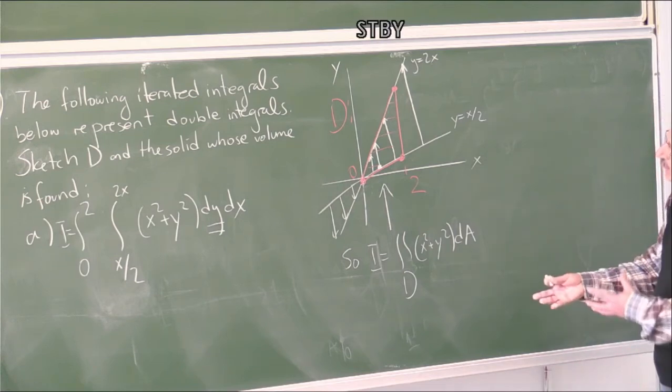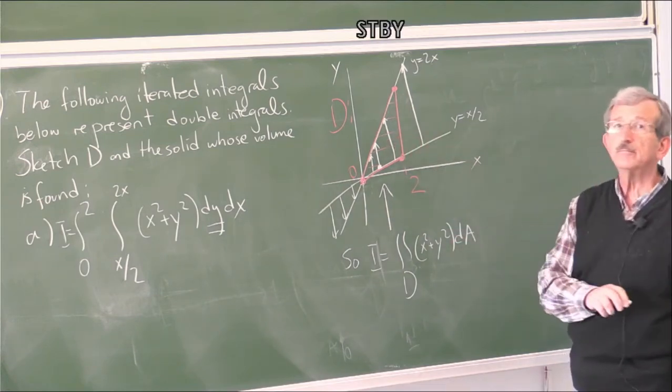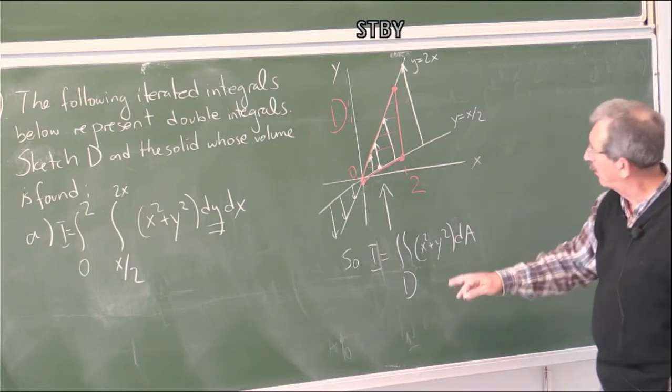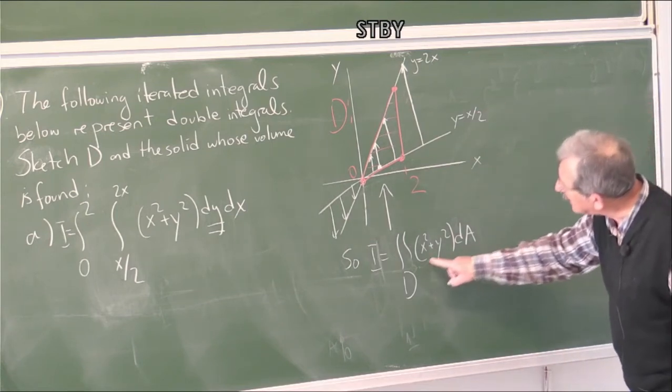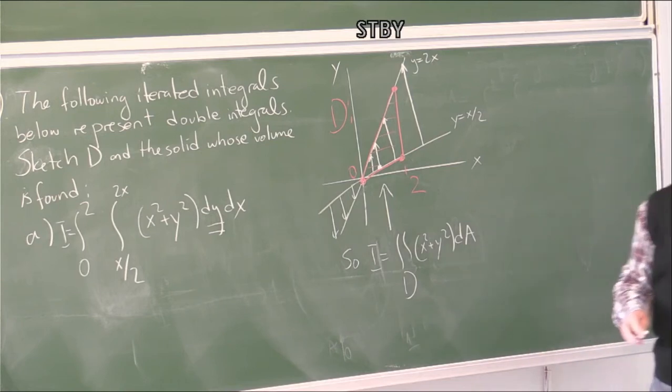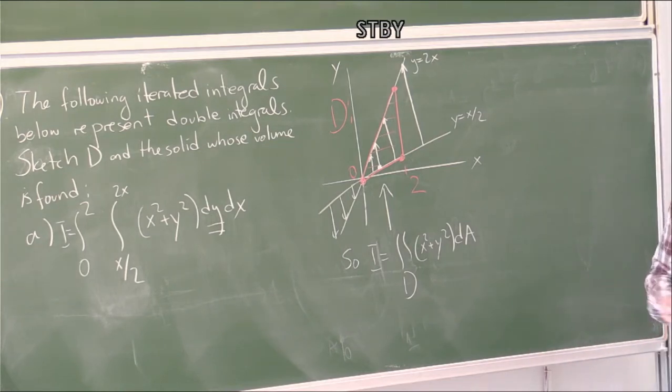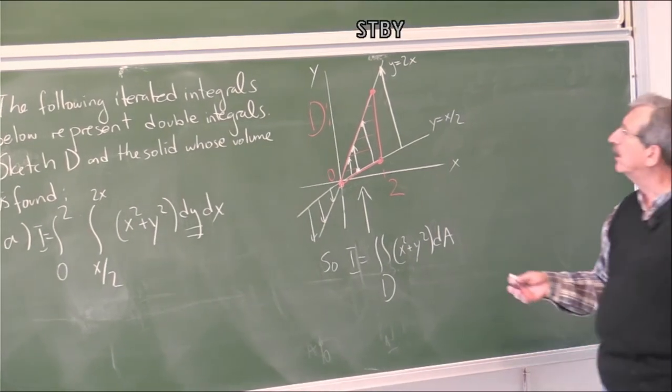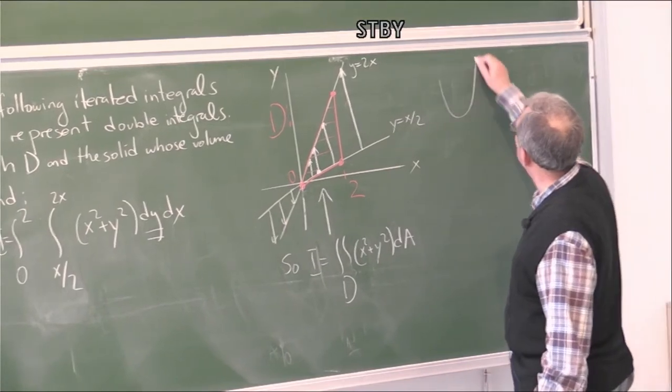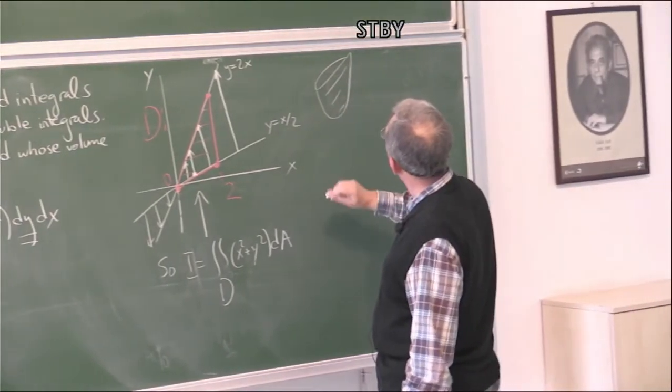Well, what is the geometry? At the bottom, you have this triangle. At the top, you have z equal to x squared plus y squared. Well, an old acquaintance, it is a paraboloid. So very roughly speaking, at the top, you have a paraboloid.